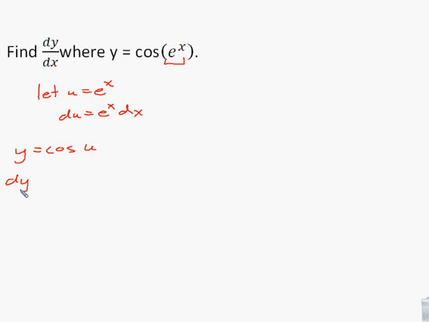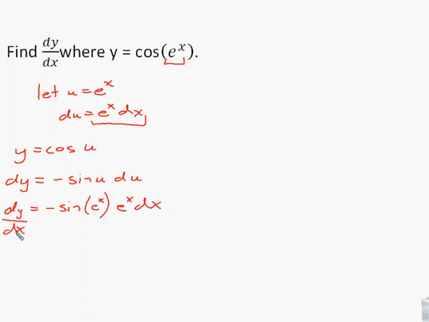Differentiating, the differential of cosine u is actually negative sine u du. Substituting back in, we get dy equals negative sine of u. u was e to the x. du is e to the x dx. Dividing both sides by dx will give us the answer that we need.